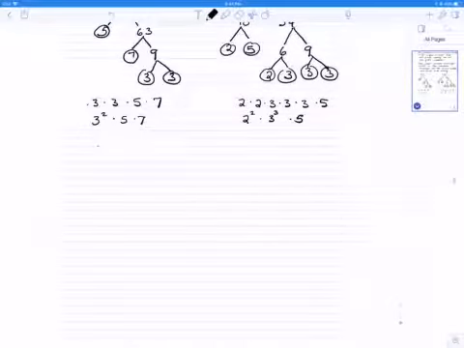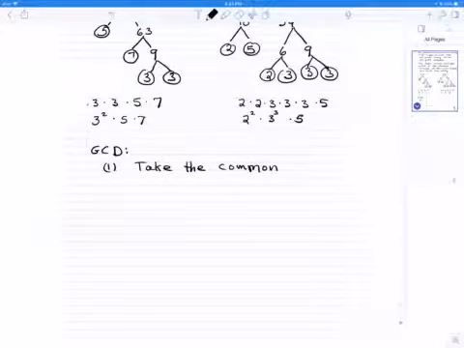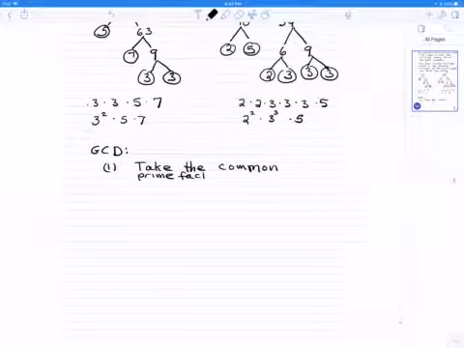Now for the greatest common divisor, we'll take the common prime factors only. Okay, so that would be the 3.